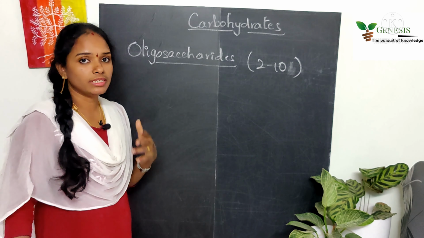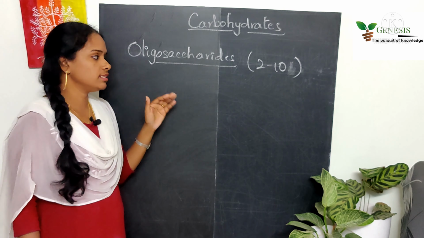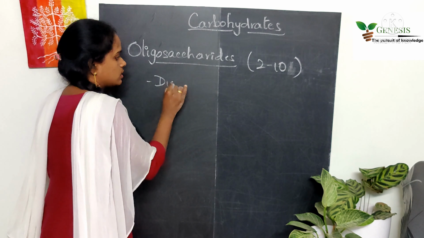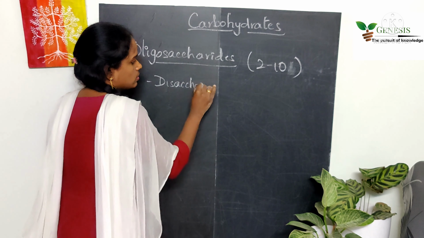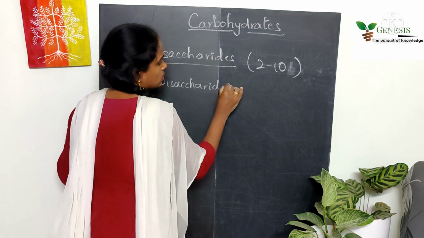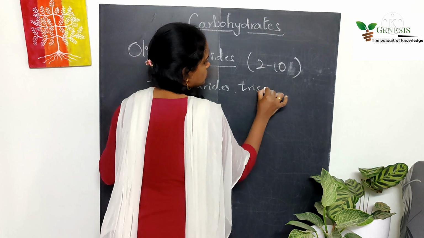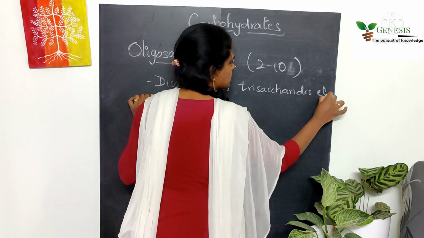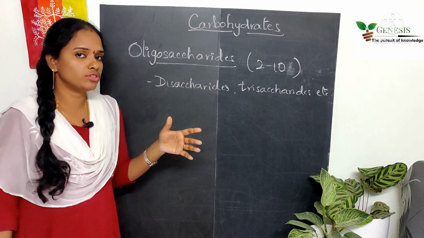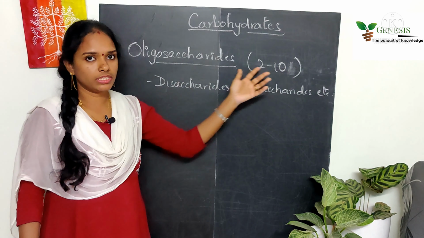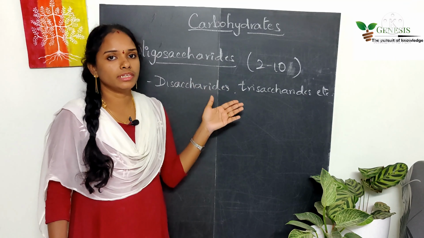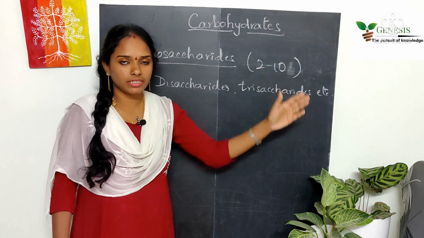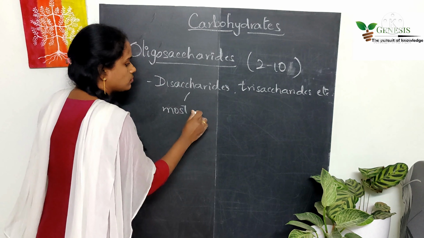Based on the number of sugar units that they contain, they are differentiated into disaccharides, trisaccharides, tetrasaccharides, and so on. Among the oligosaccharides, disaccharides are the most abundant.